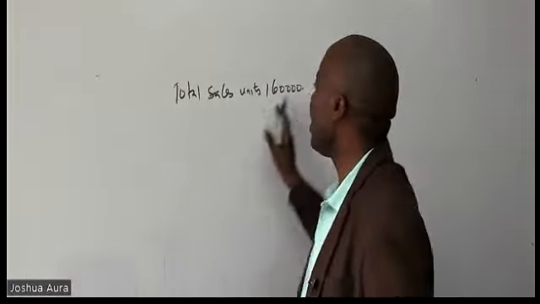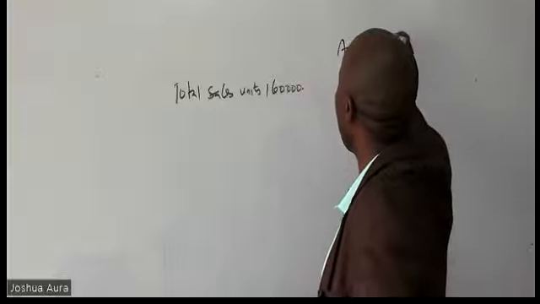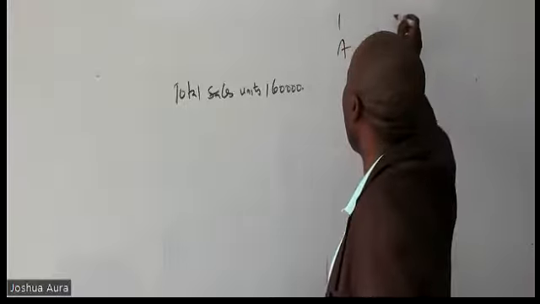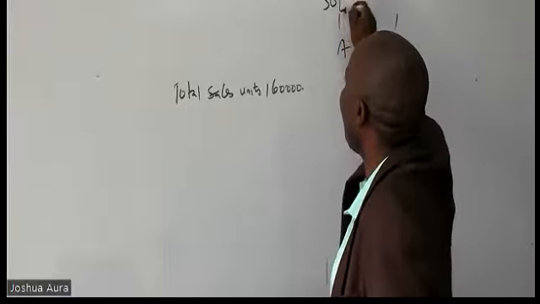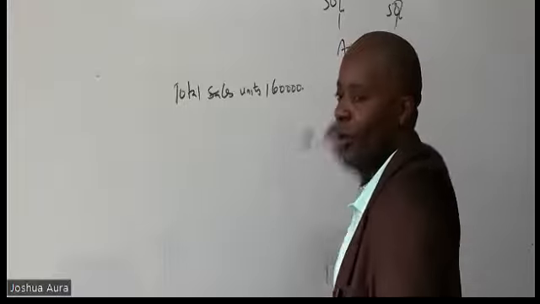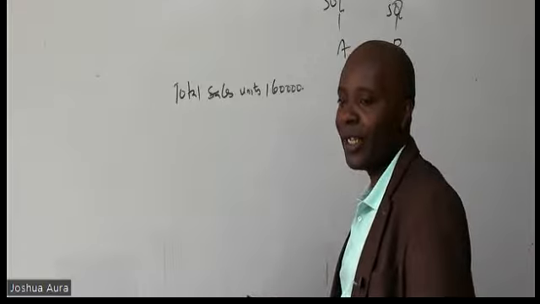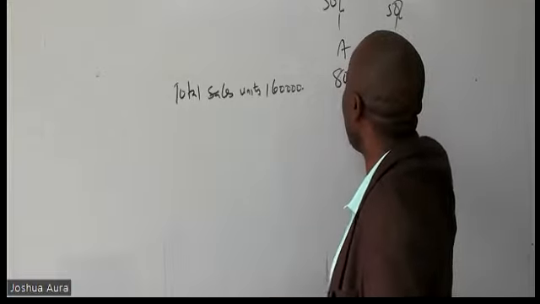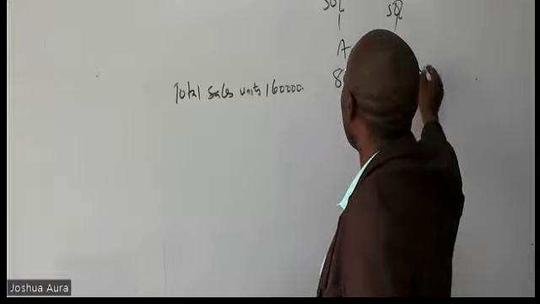They want us to redistribute this to A and B using the new sales mix, 1:1. So 1:1 means what here? 50-50, 50%, 50%. So this will be 80,000, and this will be 80,000.